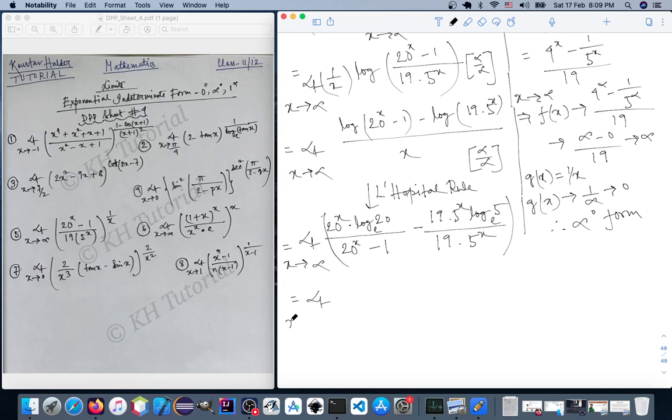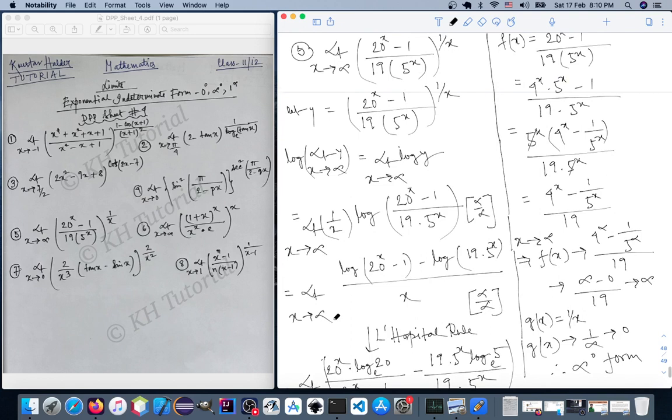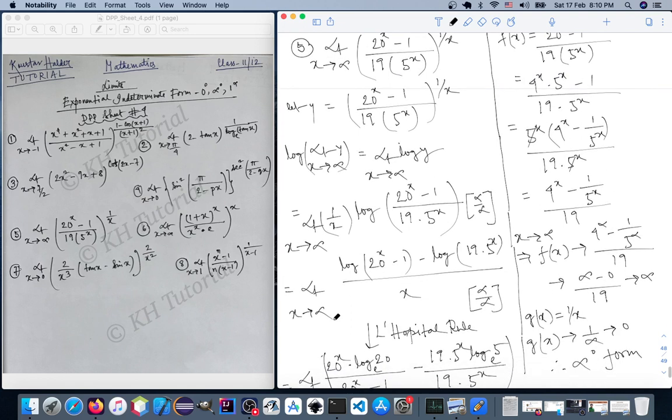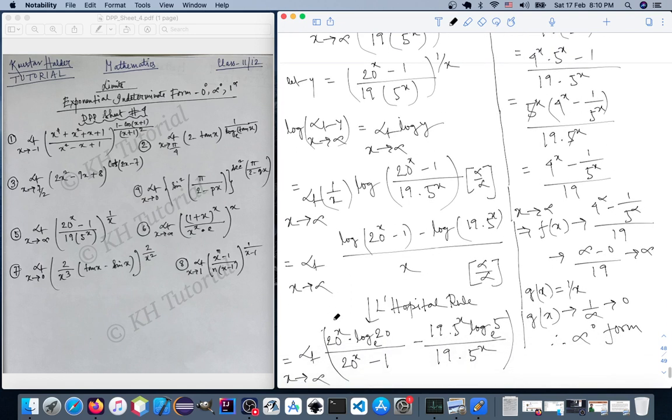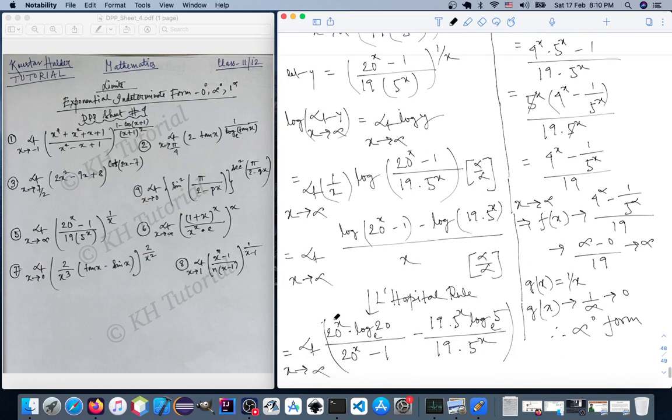This equals log e 5, 1 by x into log of 20 to the power x minus 1, 19, 5 to the power x.